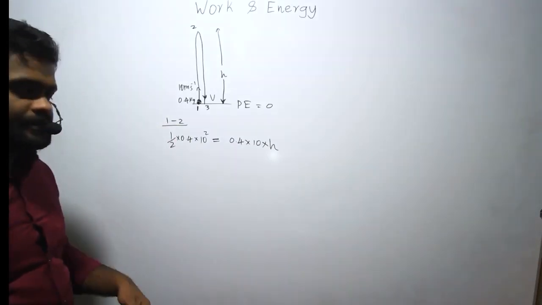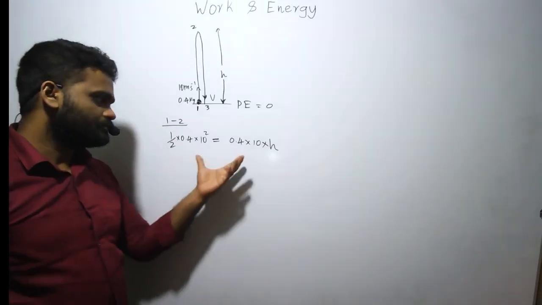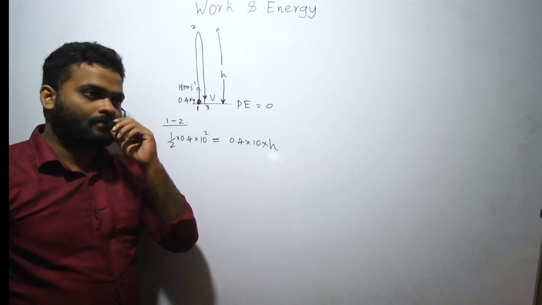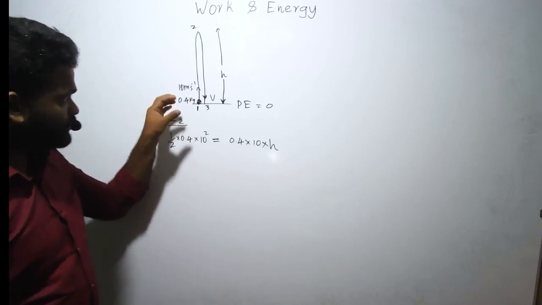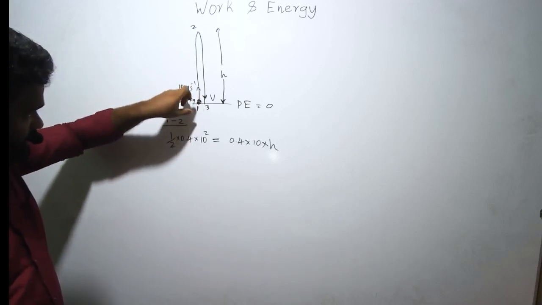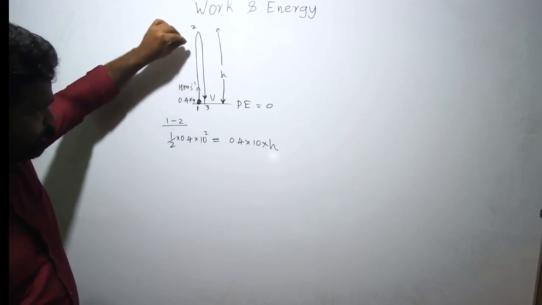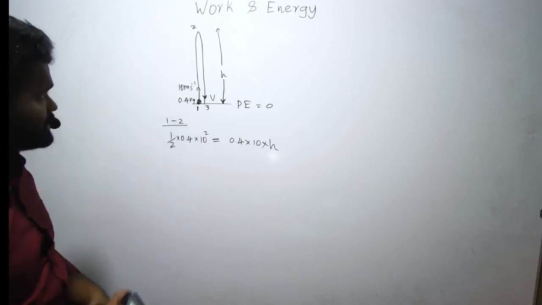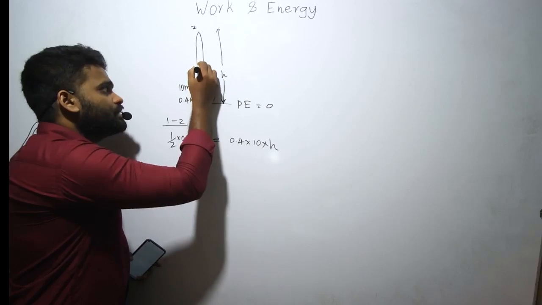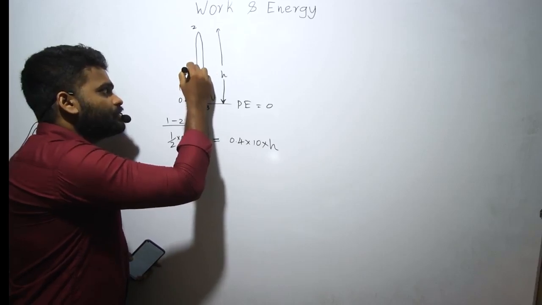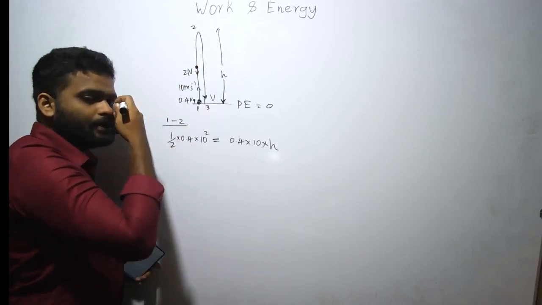So is this correct? Here you have a kinetic energy, right? Once you project this upwards, constantly there's a 2 newton resistive force downwards acting on the ball.